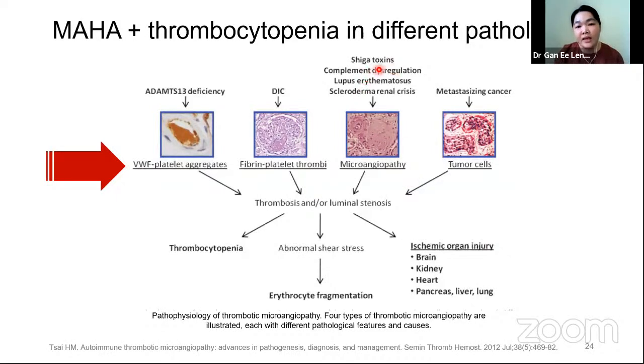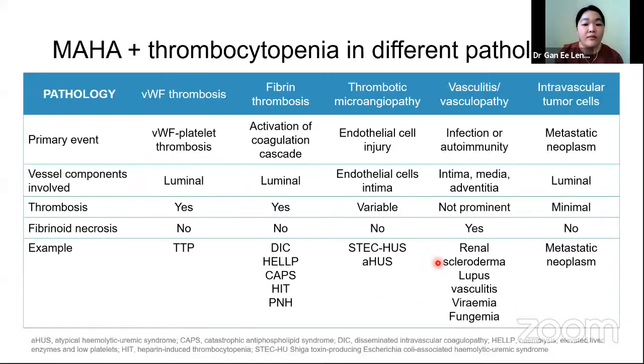In microangiopathy happening in Shiga toxin, complement dysregulation, SLE, scleroderma crisis, the microangiopathy is the main event causing the MAHA and thrombocytopenia. And don't forget about the tumor cell as well. Depending on the site of organ involvement, it can cause systemic manifestation. This is another pathology describing the primary event for different types of TMA. So we've got von Willebrand factor thrombosis, fibrin thrombosis, thrombotic microangiopathy, vasculitis, intravascular tumor cell. The examples are listed below here.